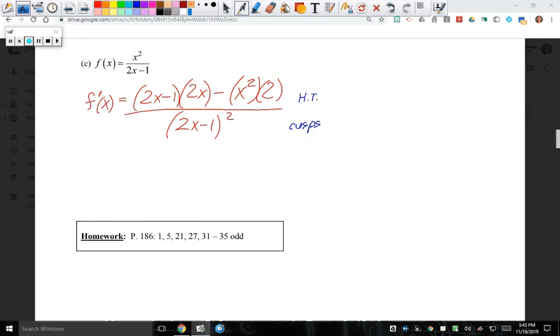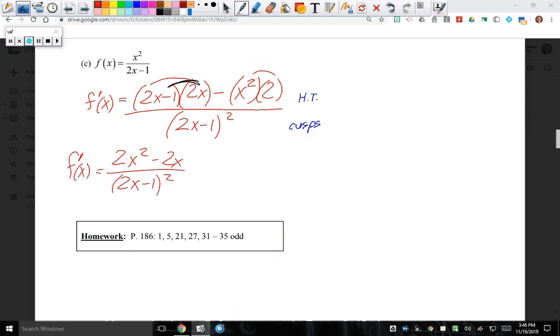So if I simplify a little bit, I have 4x squared minus 2x squared is 2x squared, and then minus 2x. You with me? The bottom is still 2x minus 1 quantity squared.